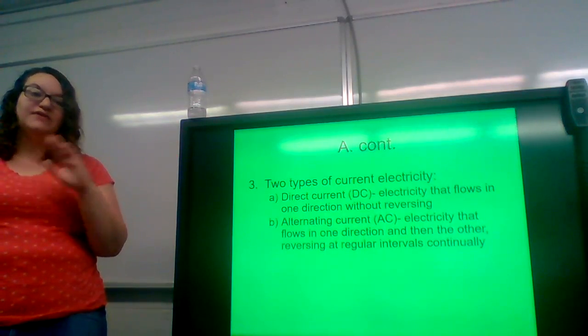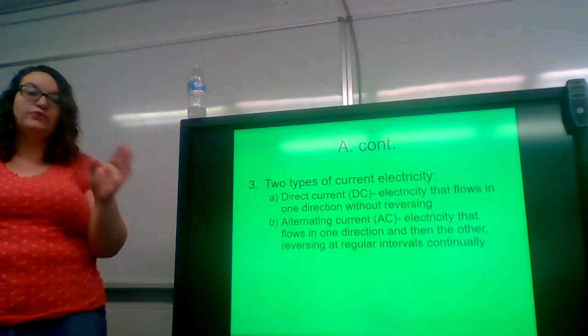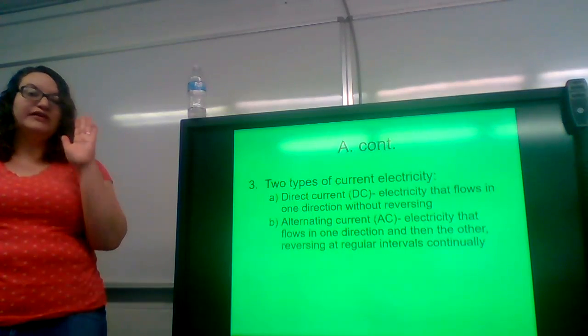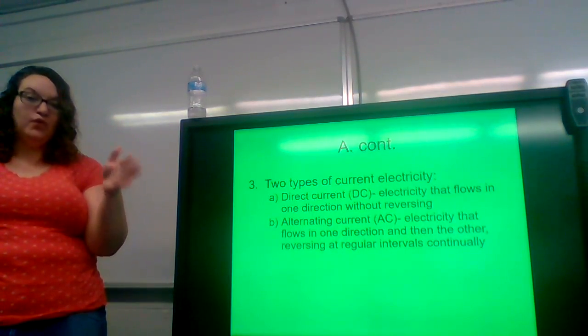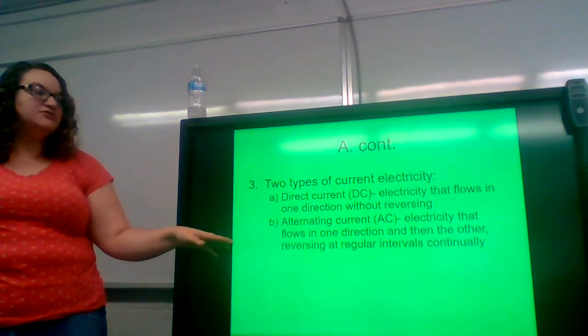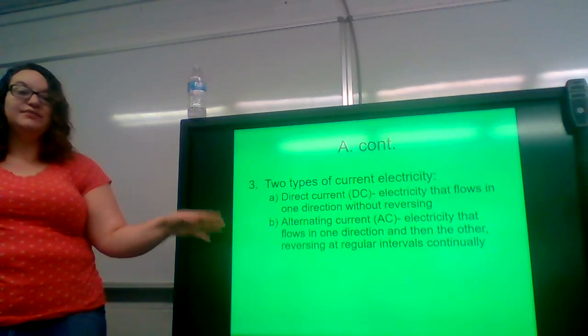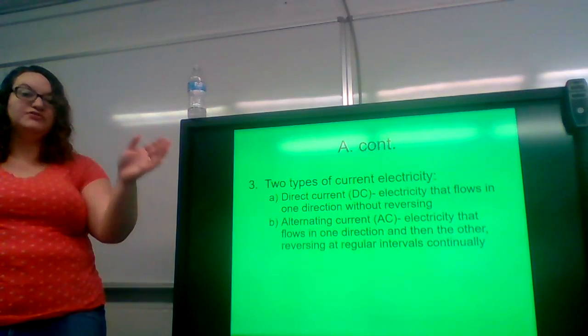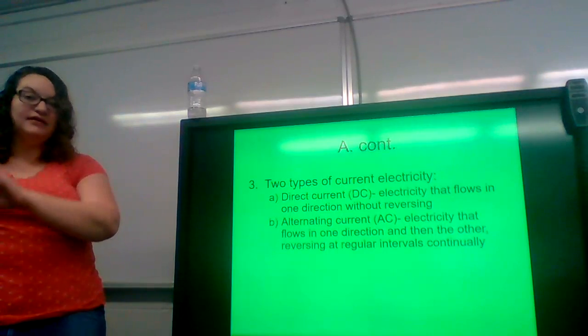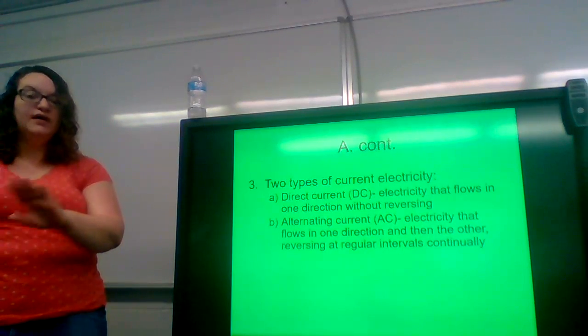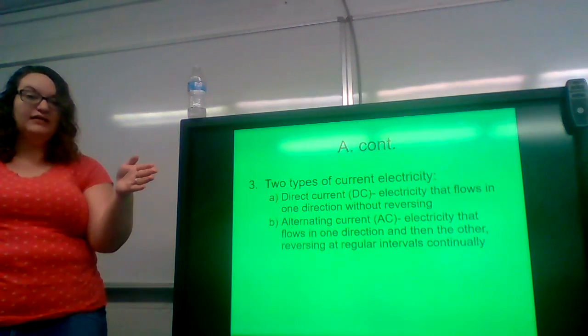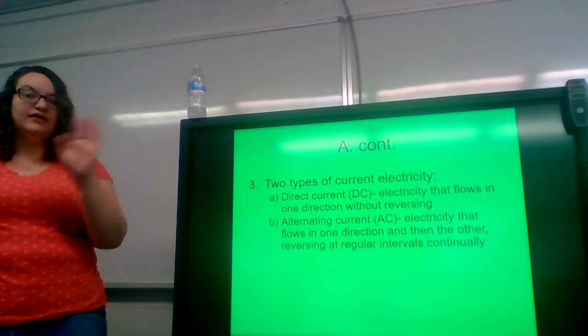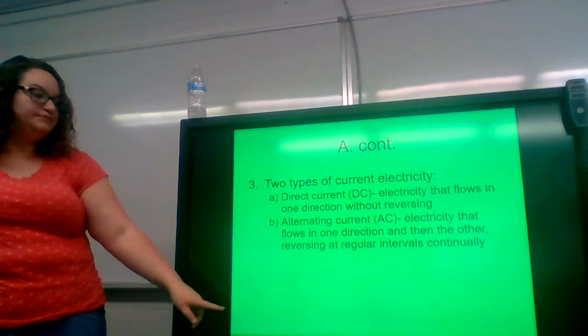The electricity does not have the ability to flip back and forth with direct current. It only has the ability to go in one direction. Versus alternating current, the electricity has the ability to flip back and forth. It can flow one direction and then be flipped back in the opposite direction, okay? So direct current is one way, and alternating current, it can go both ways.